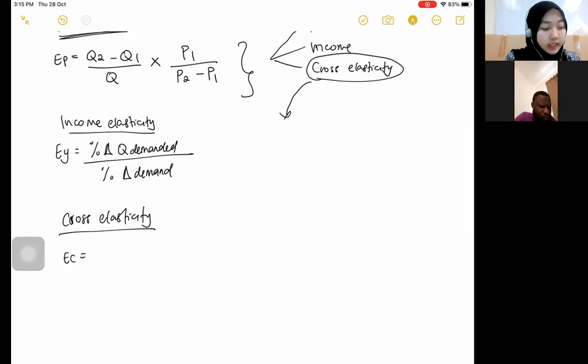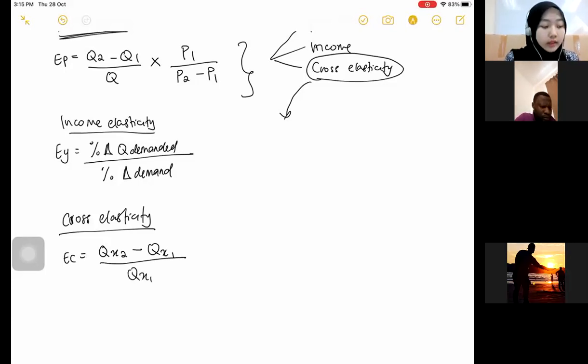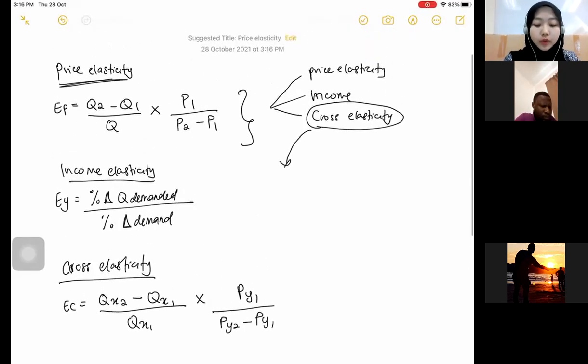The formula would be like this: quantity of product X, QX2 minus QX1, over QX1, times PY1 over PY2 minus PY1. X and Y are the names of the products. Okay, so this is all of the formulas that you will use later.